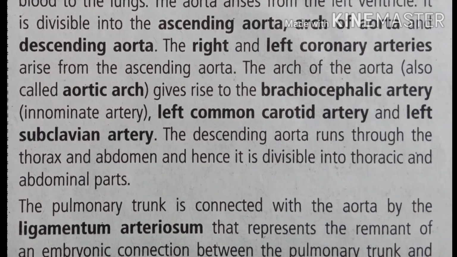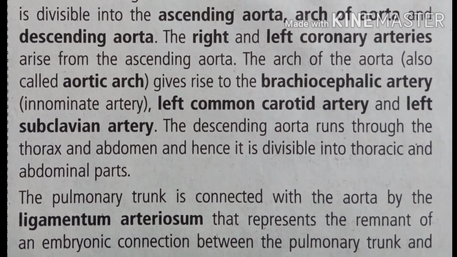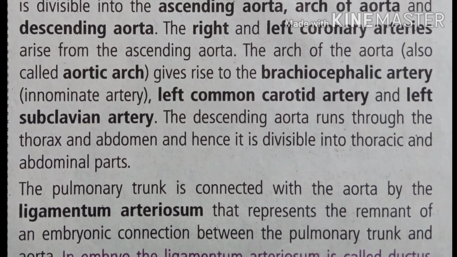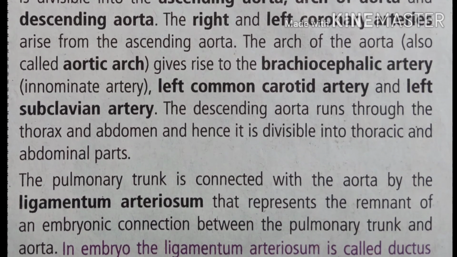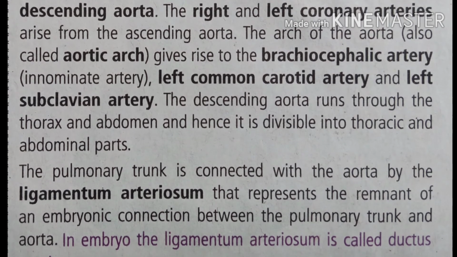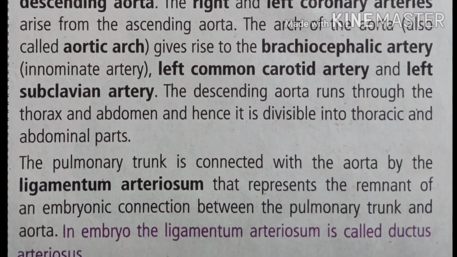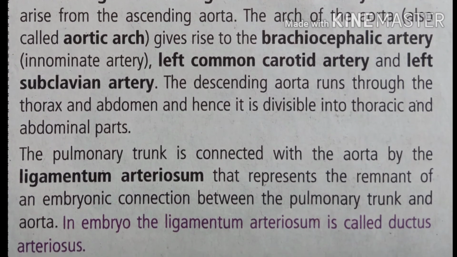The pulmonary trunk is connected with the aorta by the ligamentum arteriosum that represents the remnant of an embryonic connection between the pulmonary trunk and aorta. In embryo, the ligamentum arteriosum is called ductus arteriosus.